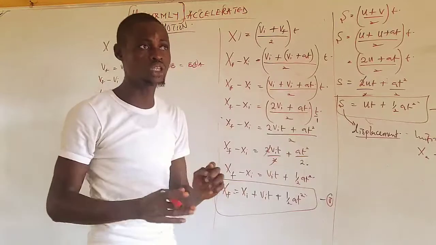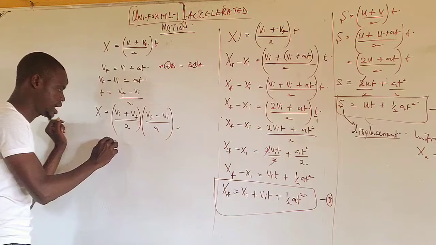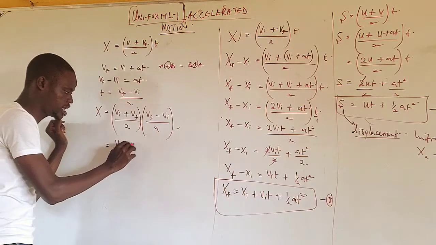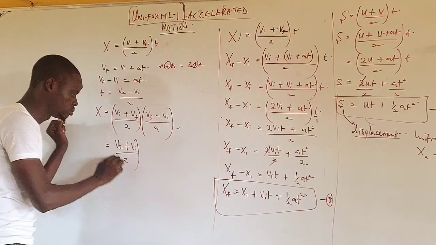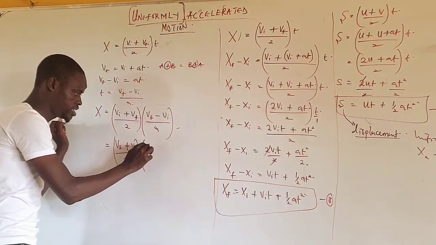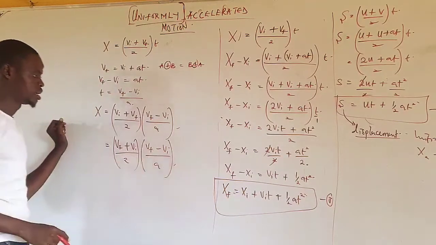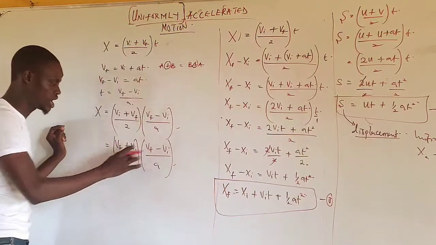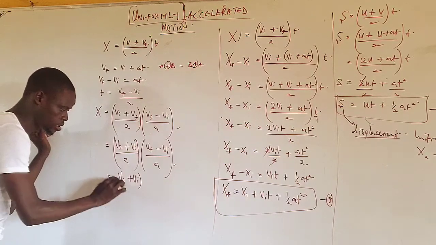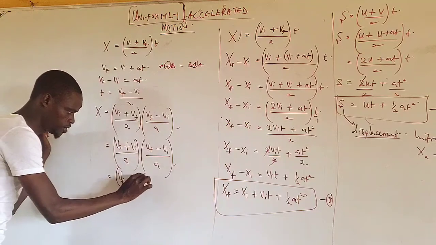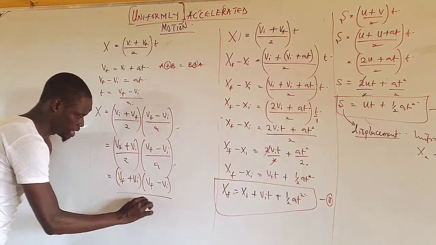So I can write this as Vf plus Vi, final velocity plus initial velocity, all over 2 multiplied by Vf minus Vi all over a. This is numerator, this is numerator, so I can separate this as Vf plus Vi multiplied by Vf minus Vi all over 2 multiplied by a, 2a.